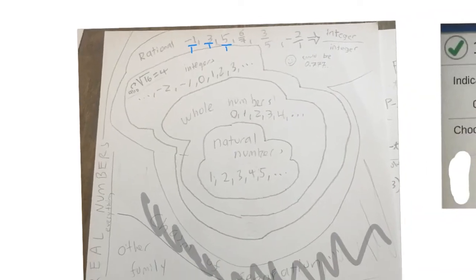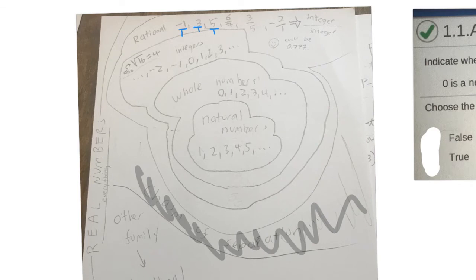Now, a certain special kind of whole number is called natural number. Natural numbers are the same thing as the whole numbers except without the 0. It's 1, 2, 3, 4, 5. Now, natural numbers are the numbers that show up in nature. You know, like you could say I have 1 apple in my basket, I have 2 apples in my basket, I have 3 apples in my basket, right? We use these numbers to count actual things in the world.